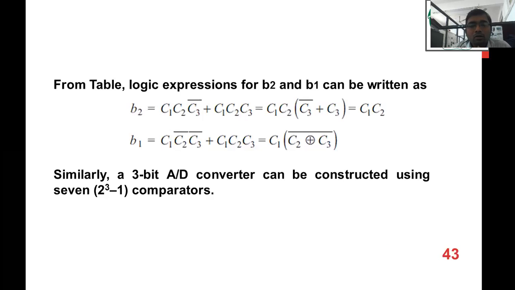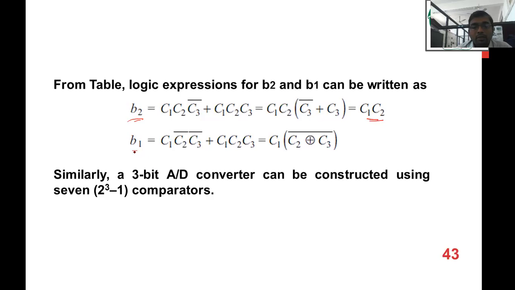You can also derive the logic expression from this table for MSB and LSB, B2 and B1 respectively. B2, as you can see from the table, would be C1 C2 C3 complement plus C1 C2 C3. So there are two states where B2 would be 1, so it simplifies to C1 and C2.